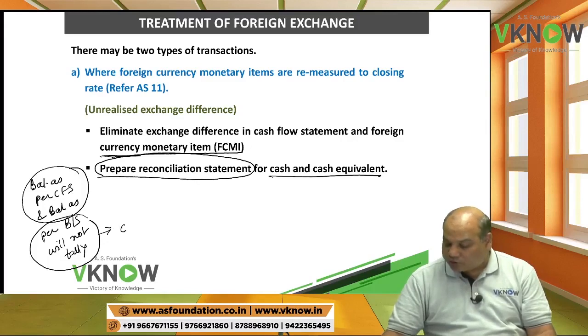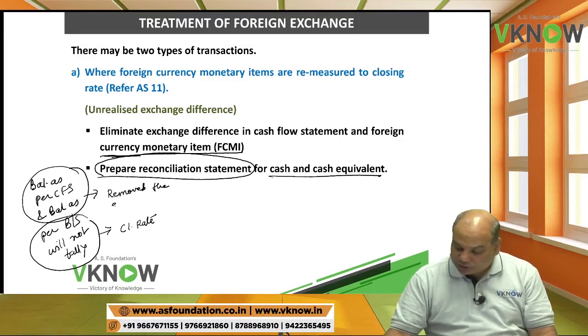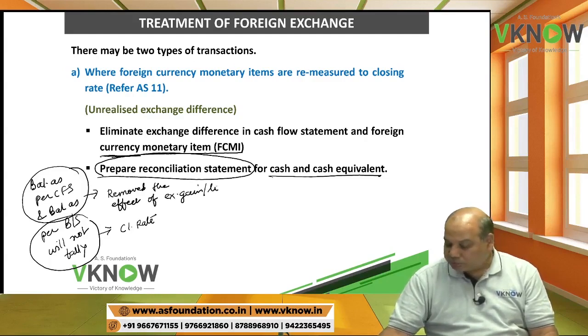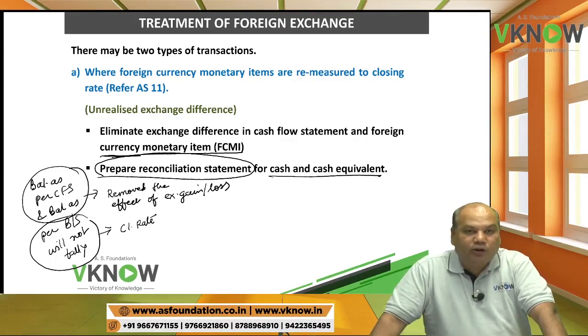As per balance sheet, we will take it at closing rate. But in the cash flow statement, we have removed the effect of exchange gain or loss, whereas in balance sheet, we are going to record it at closing rate.